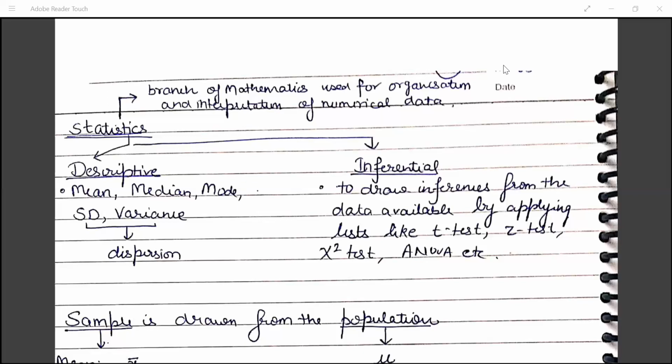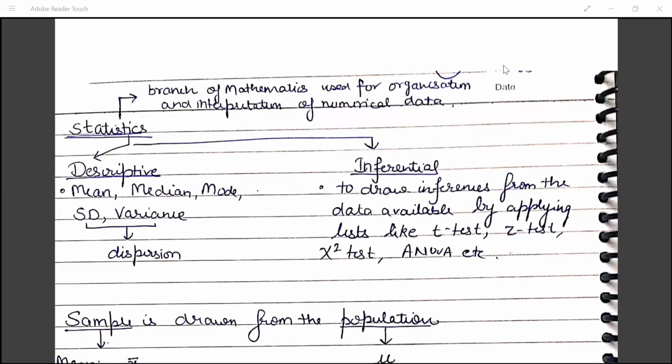Another one is inferential statistics. In case of inferential statistics, we draw some inferences from the data available. There are various tests like t-test, z-test, chi-square test, ANOVA that we will apply and make inferences out of it.